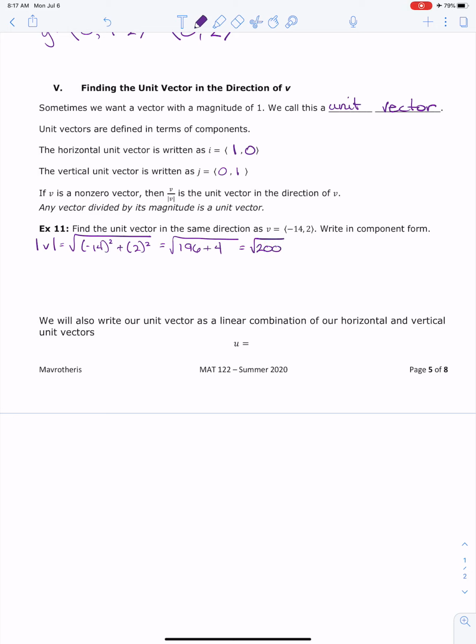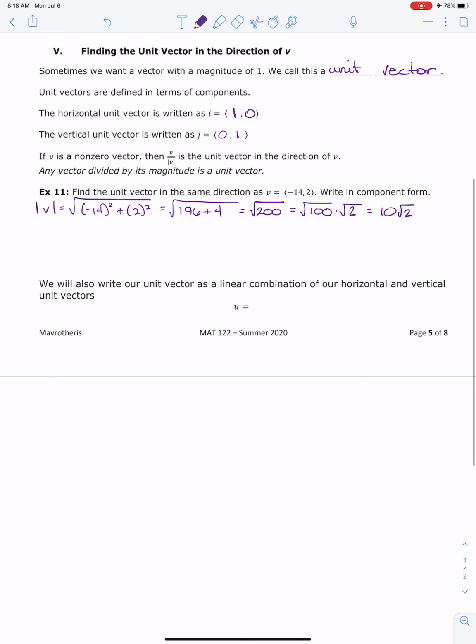So we get the square root of 200, which we always want to simplify as we can. Just as a reminder, we can write 200 as 100 times 2. I wrote it that way because I know 100 is a perfect square. So this becomes 10 square roots of 2. There's my magnitude.